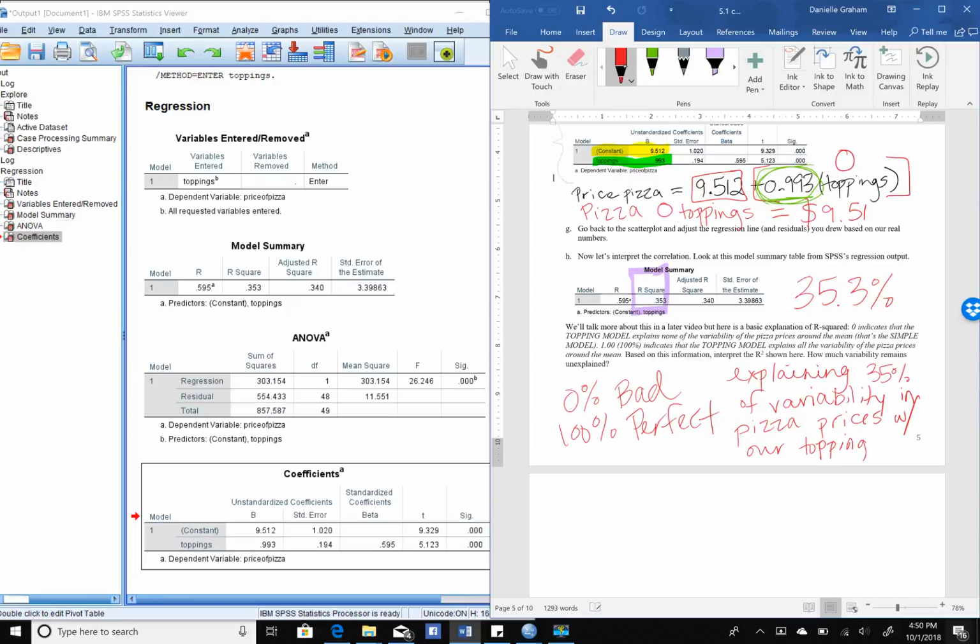Using toppings to build a model to try to predict pizza prices. So this 0.353, we're explaining about 35% of that variability.